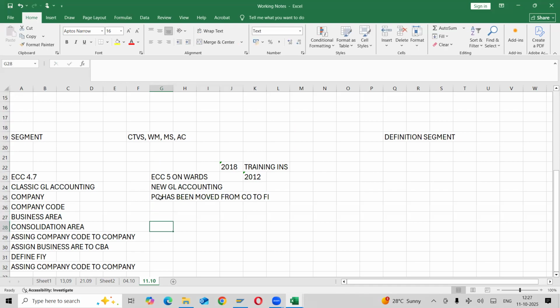So whoever is doing this definitely needs to have knowledge of this, right? Till 2015, majority of projects and clients were not using business areas at all, in whatever projects I saw. But after 2015, a few organizations are using business area.